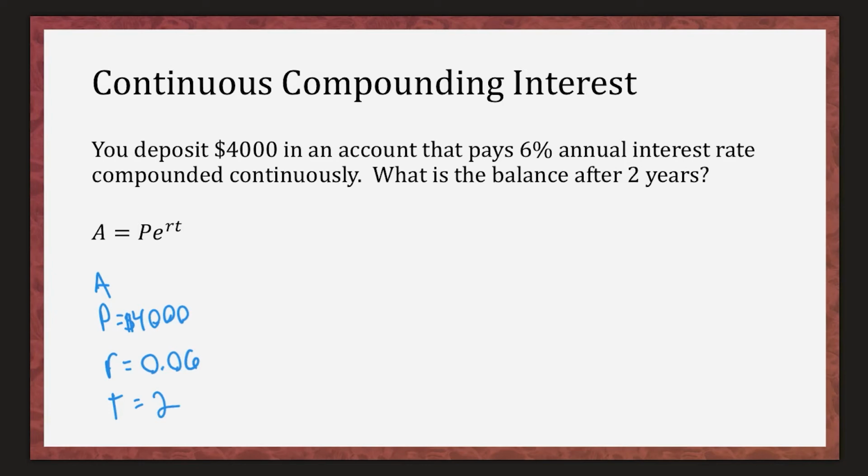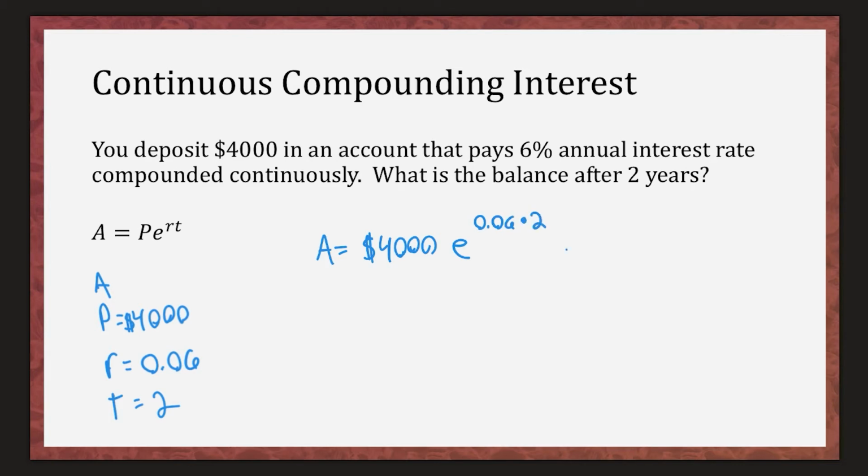Placing these values into our continuous compounding interest formula, we have A equals $4,000 times e, which is 2.71, to the 0.06 times time, 2.